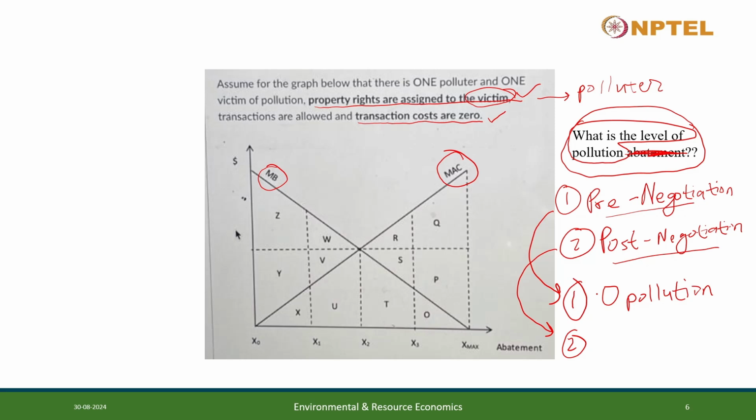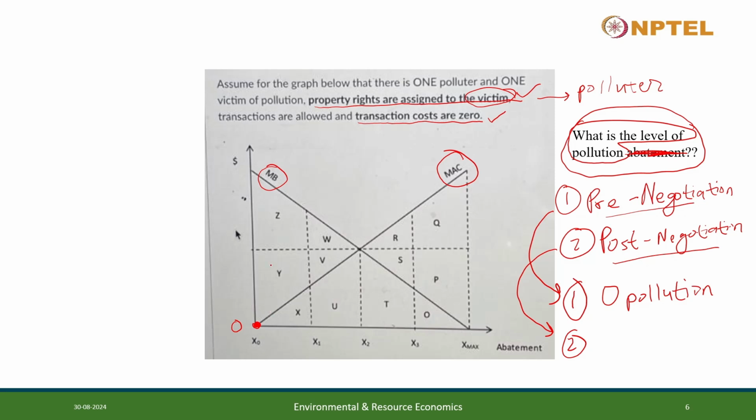However, the optimum level of pollution we have discussed, let me tell it one more time. We said the property right is with the victim, right? So initially there will be no pollution. Let's say O is the point where there is no emission.